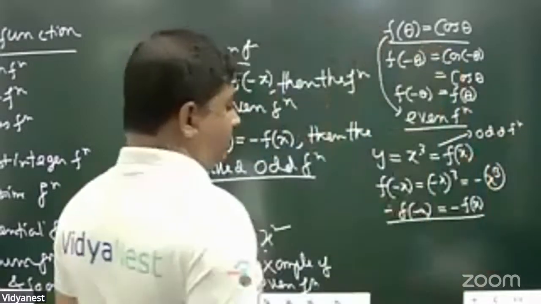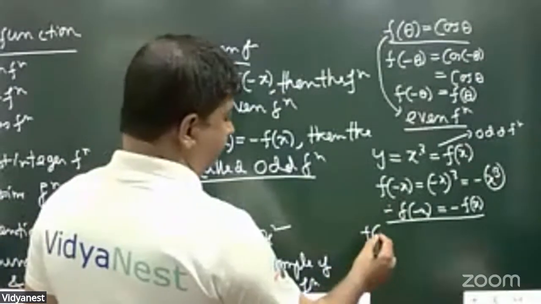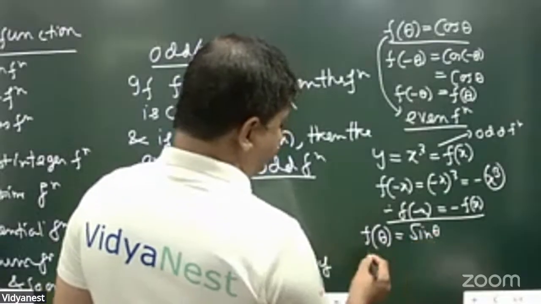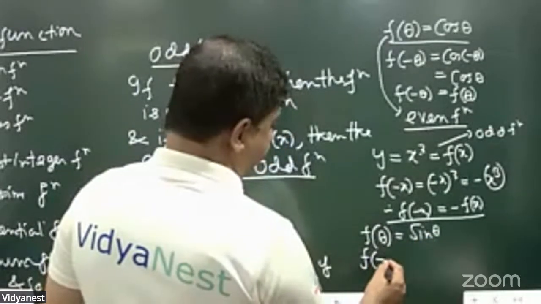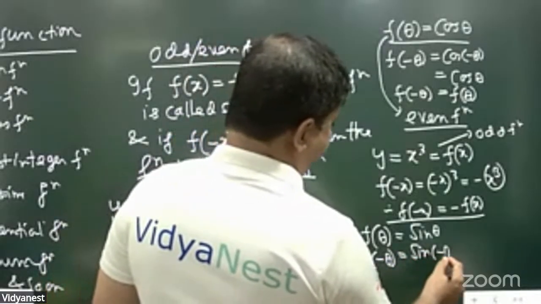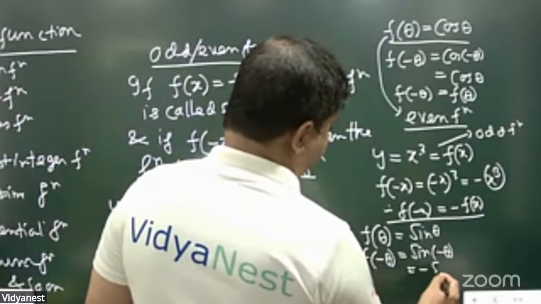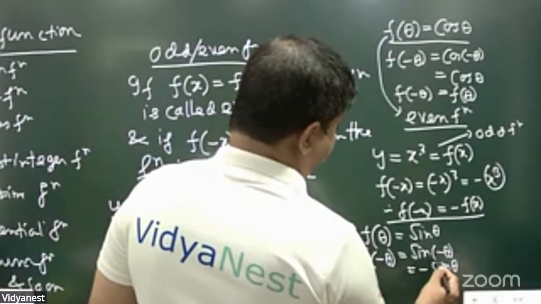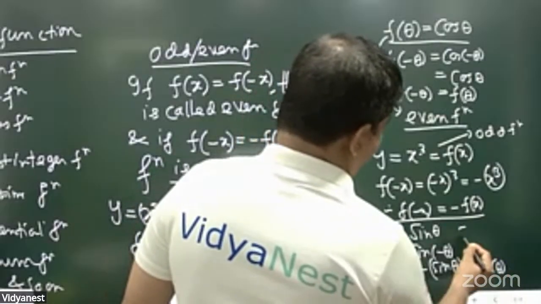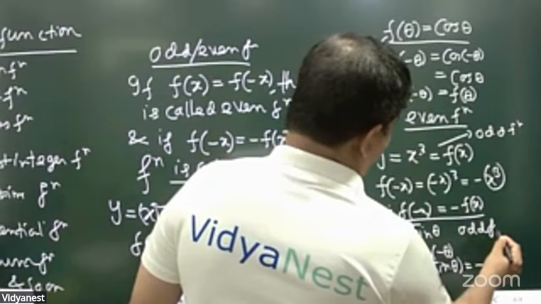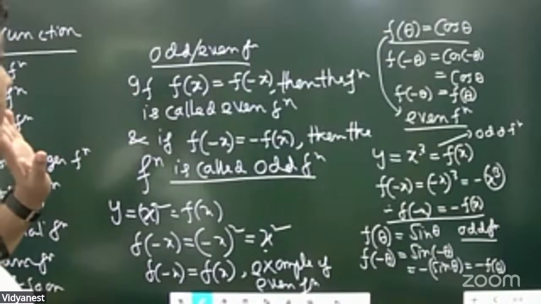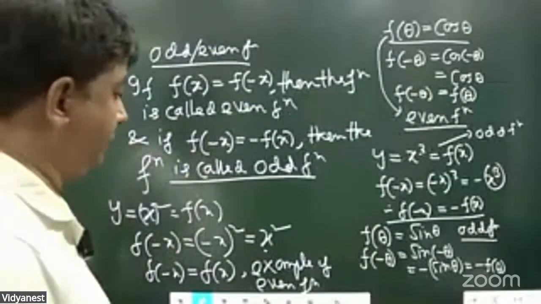One trigonometric example of an odd function, sine theta. So this is the basics of odd and even functions.